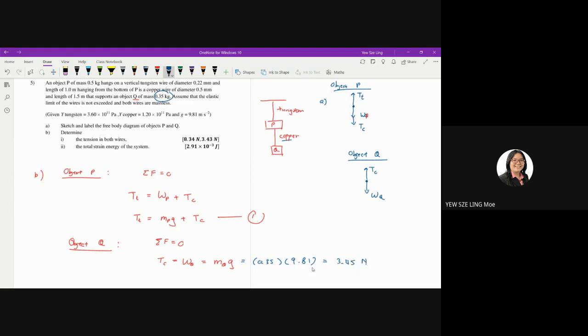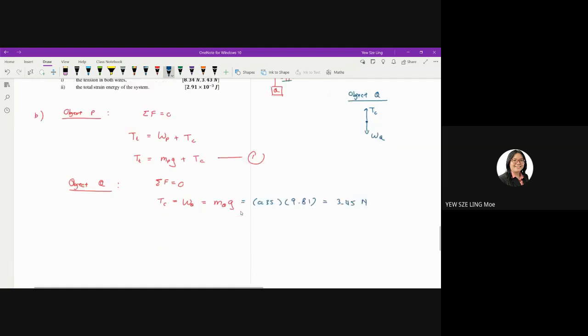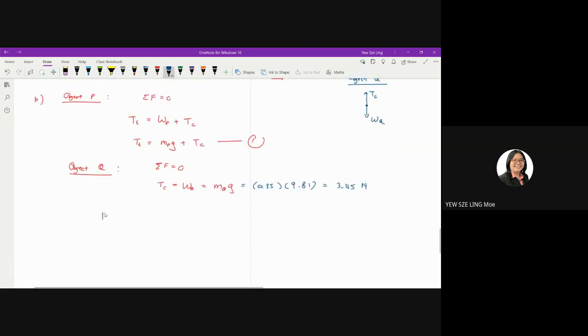Now that I have the tension in the copper wire, I can use it to simplify equation 1 to calculate the tension in the tungsten wire. So TC equals 3.45. From equation 1, TT equals MPG plus 3.45.